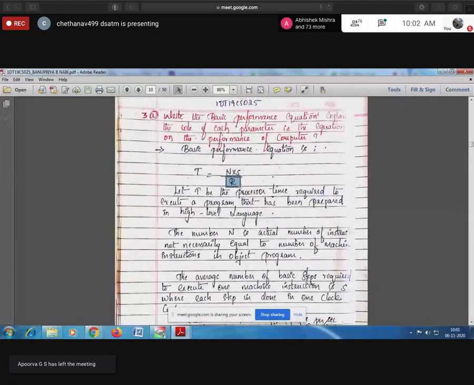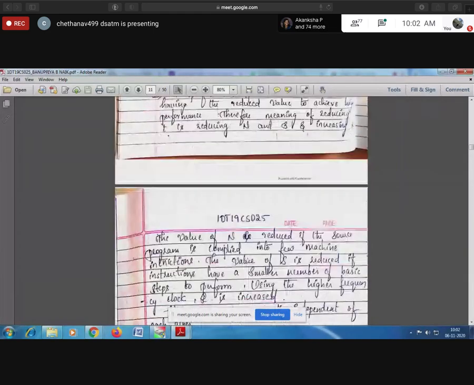R is nothing but processor capacity. In 1 second it may execute 10 instructions, or 5 instructions. That's the capacity of the processor. I will give the capacity of the processor, the number of instructions, and the average time taken, and then you can calculate it easily by applying the formula. It's very simple.